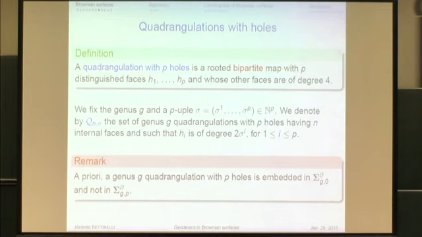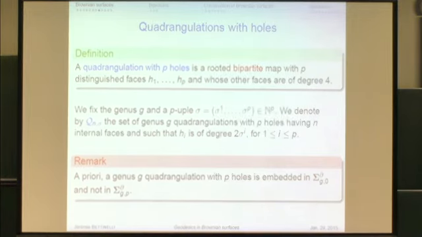So if I take just a p-tuple sigma 1, ..., sigma p of integers, I can consider the set Q_sigma of quadrangulations with n faces, n squares, and p holes of degrees 2 sigma 1, 2 sigma 2, ..., 2 sigma p.